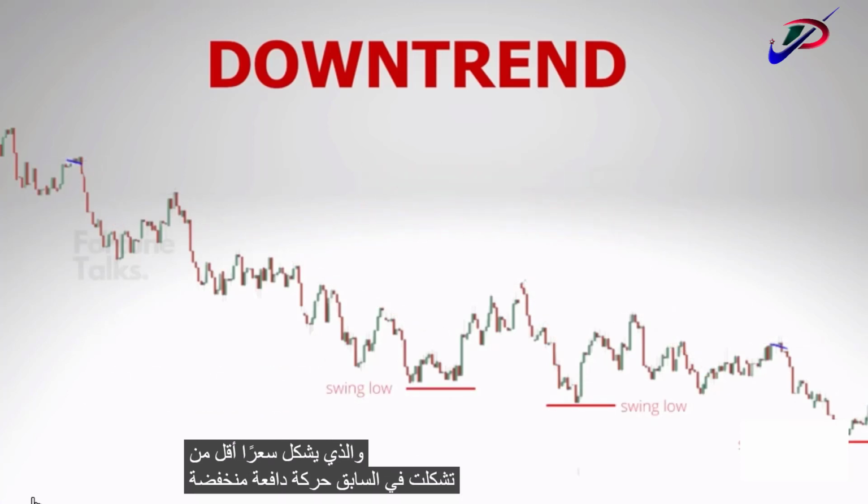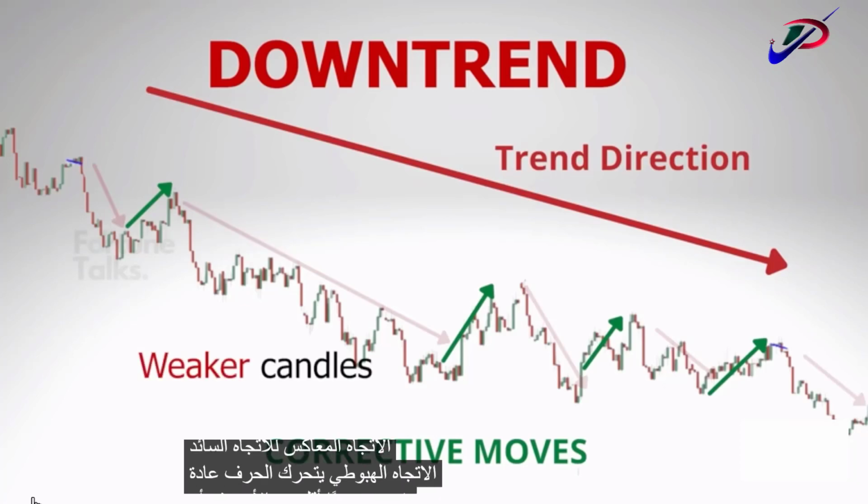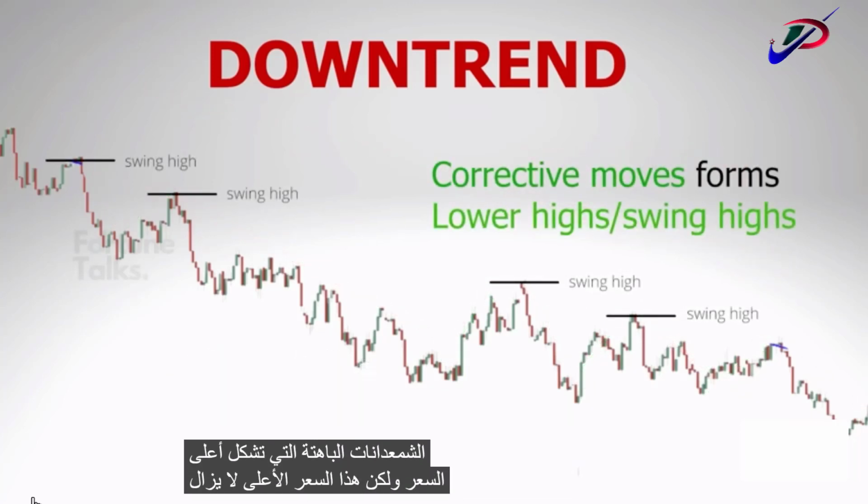The impulse move is followed by corrective moves in the direction opposite to the prevailing bearish trend. The corrective move usually includes a lesser number of weaker or dull candlesticks that forms a higher price, but this higher price is still lower than the previously formed high.